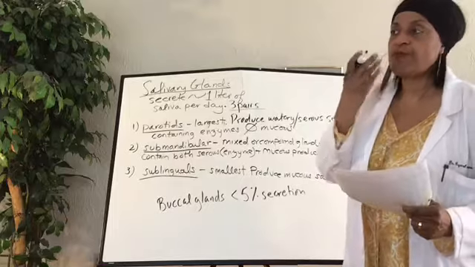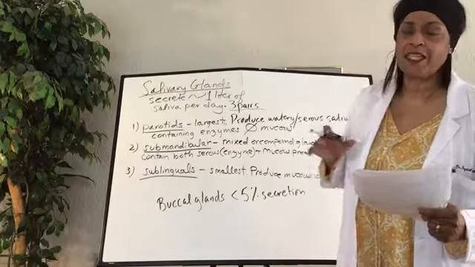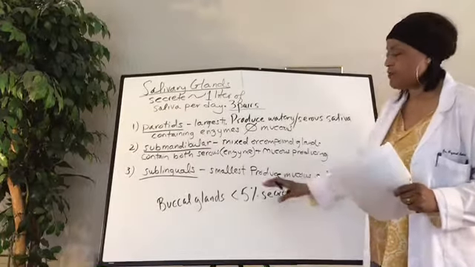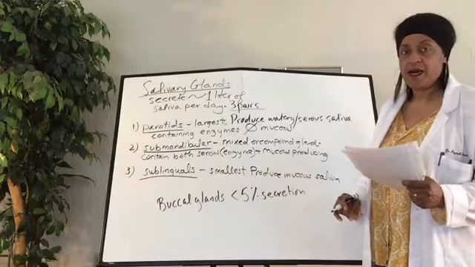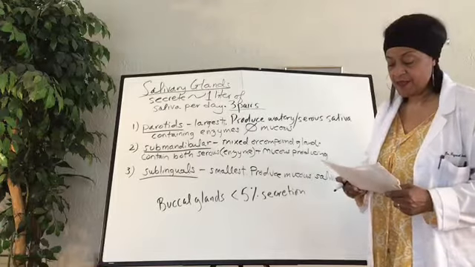You know, just to keep the mouth moist enough and to keep the bacteria at bay. So this is a little less than 5% of the secretion, but the buccal glands are there to help maintain mouth hygiene. We'll say it like that.